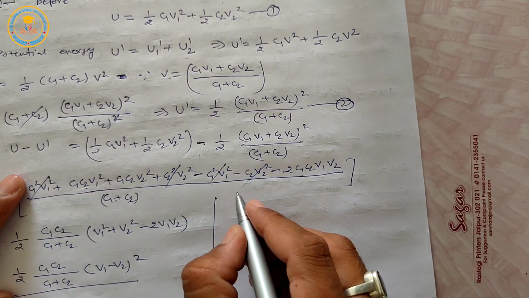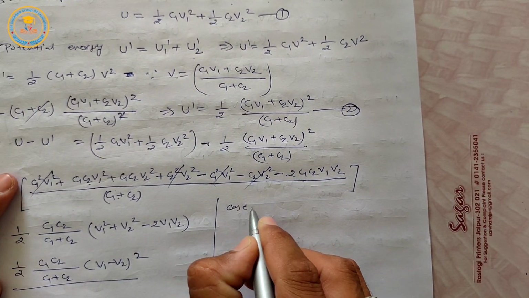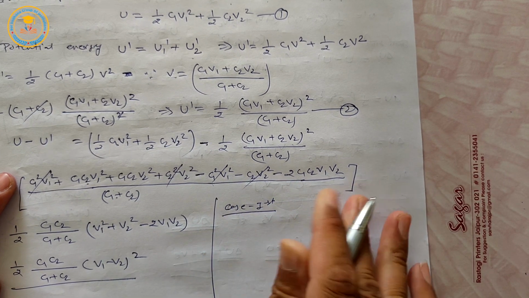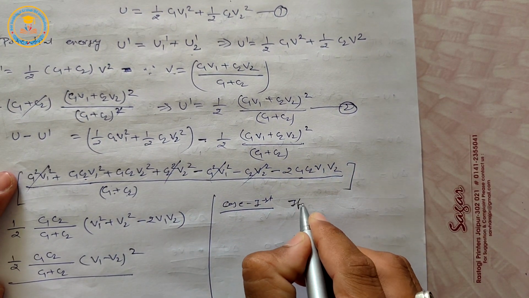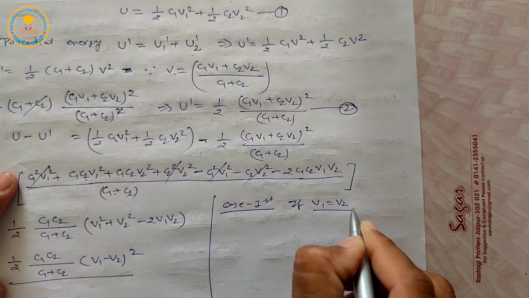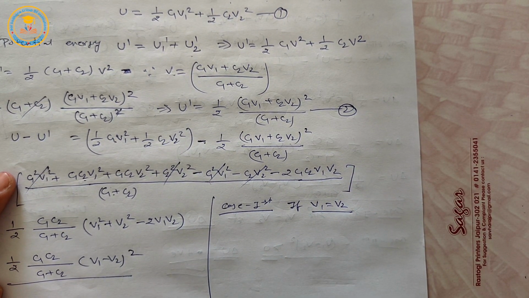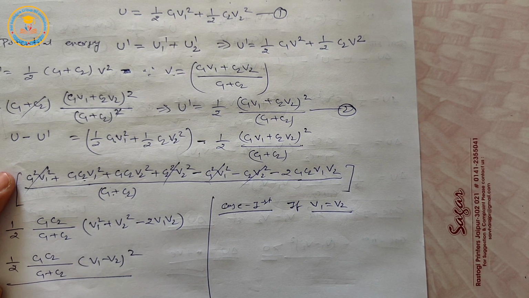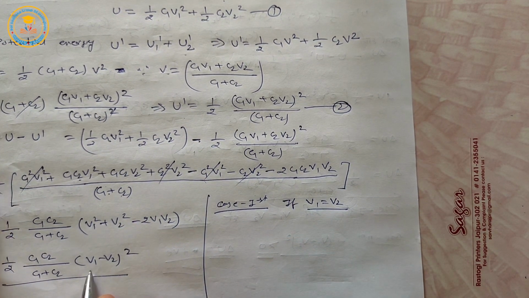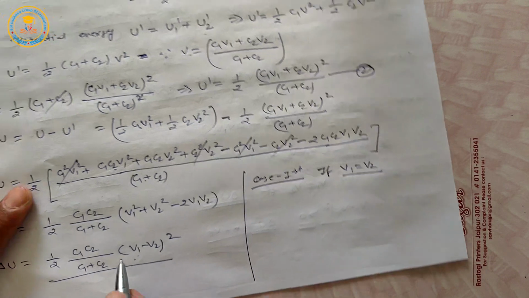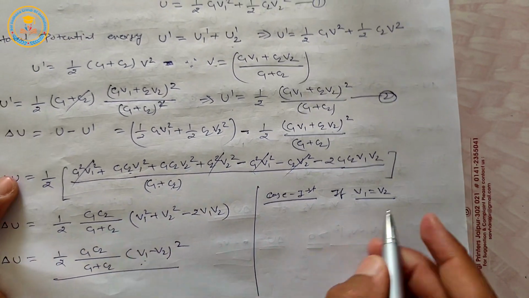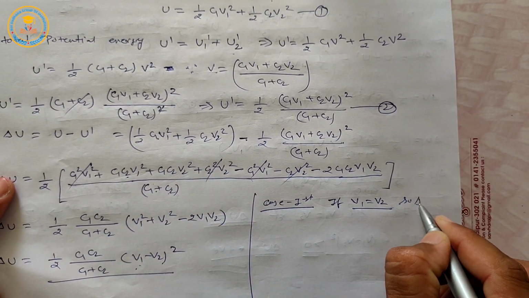In this we take some cases. Case first, if V1 is equal to V2, it means the potential of both conductors is the same at the initial condition. Then from this equation, V1 is equal to V2, so this term is equal to 0, so del U is equal to 0.